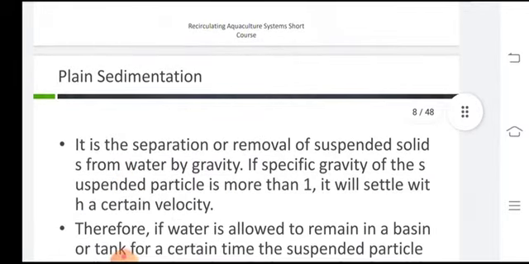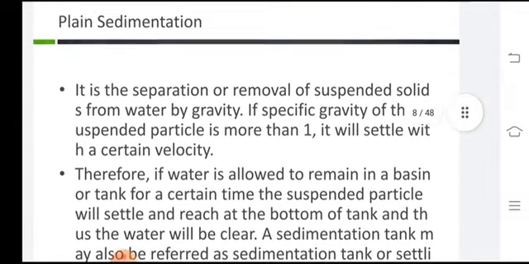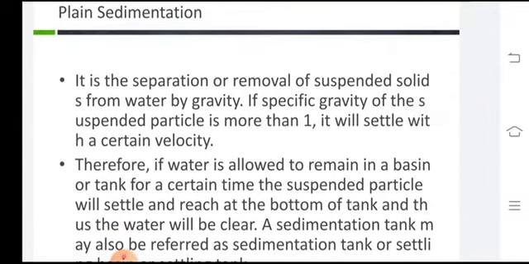Please go through these. Plain sedimentation is the separation or removal of suspended solids from water by gravity force. If the specific gravity of the suspended particle is more than 1, it will settle with a certain velocity.